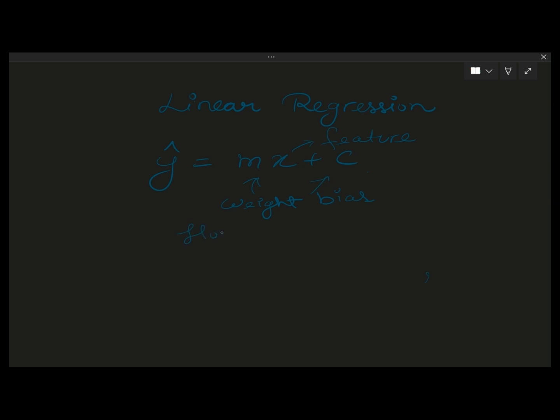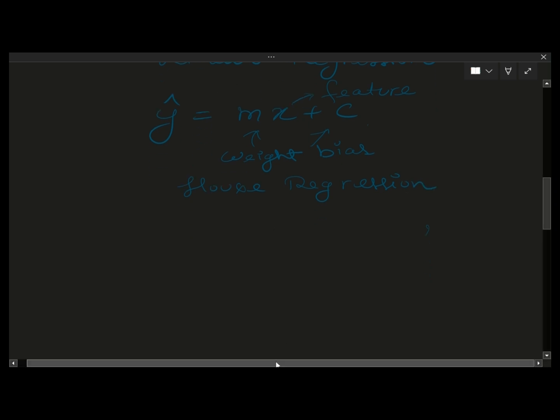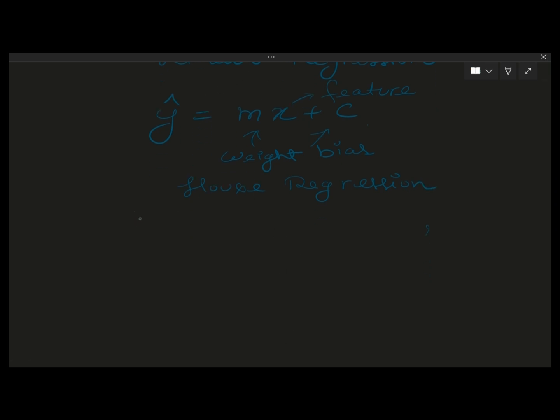In our house price prediction regression problem, we will take a single feature for proper understanding and a less complex function. The feature we will use is square feet, which is the area covered by the house, for predicting the prices of the houses.